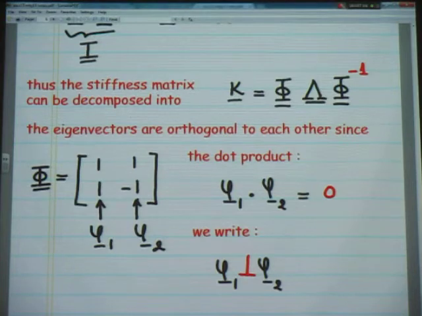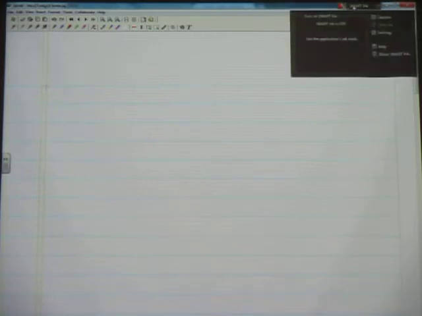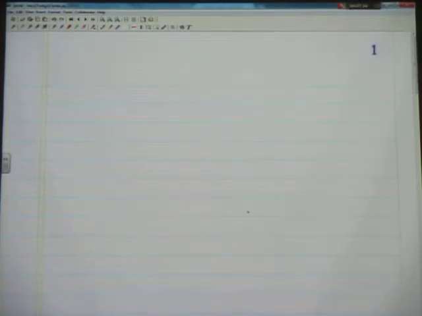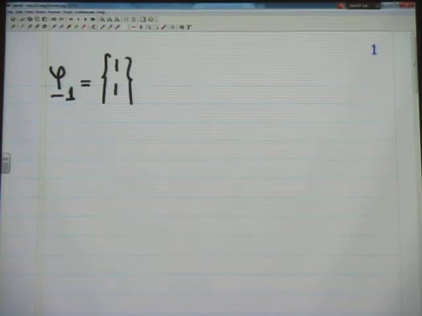Let me bring up my notes for today. First, the eigenvectors can be normalized. So you have phi 1, which was 1, 1. And when you normalize, let me call that phi 1 bar.